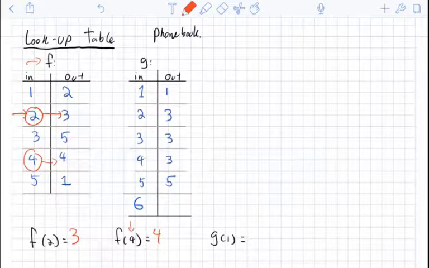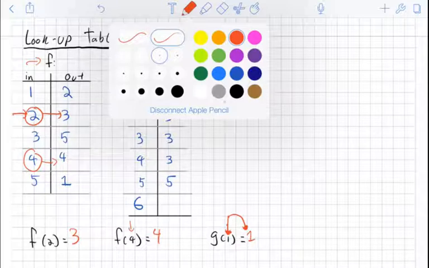When g is equal to 1, that's this table, the output is 1. Does that make sense to you? It's just a lookup table. You just look up the number inside the parentheses, and then on that row you get the output number. So lookup tables are great for describing functions.